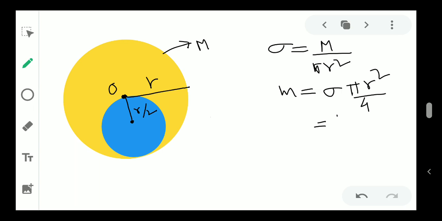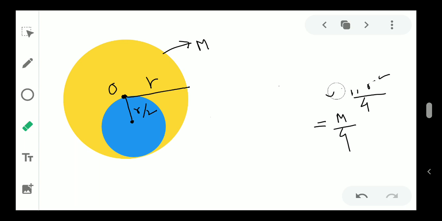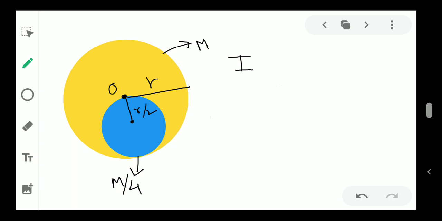So ultimately it will come m by 4. We have seen that already. So the masses are m and m by 4. This was my I final after taking out, so that will be my I initial minus the moment of inertia of the blue one.